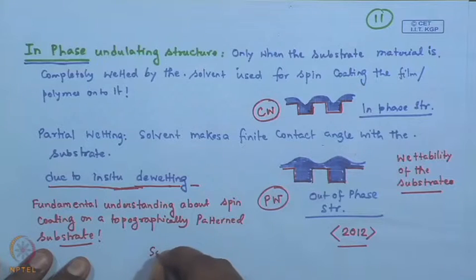So, as the solvent evaporates, the thickness of the solvent film changes. So, I would say this is the solvent rich film.